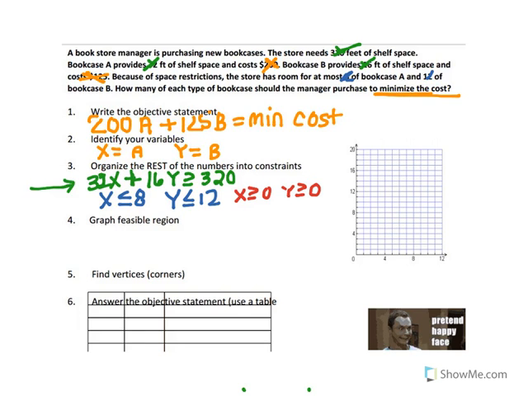The first one, 32x plus 16y greater than or equal to 320. I can rewrite that in slope-intercept form, or I can graph using the intercepts. If I use the intercepts, I have the 10 for my x-intercept, and I have a 20 for my y-intercept, and use a straight edge when you draw these.